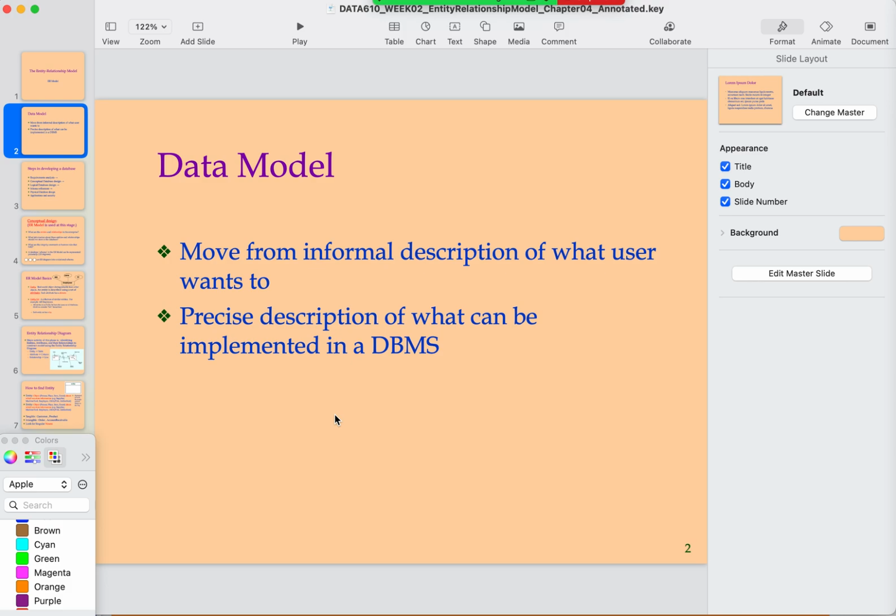So about the data model, we want to move from the informal description of what the user wants to accomplish to a precise description of what we will be implementing.